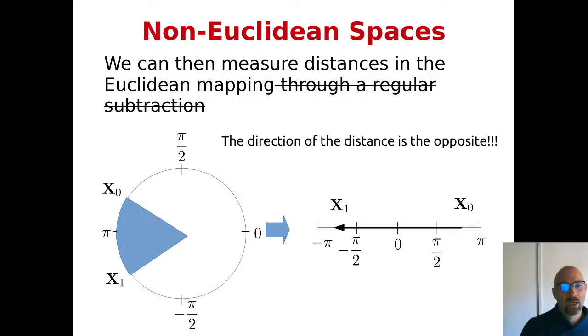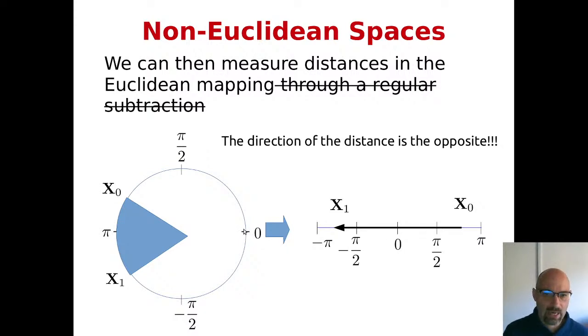And well, in case of a circle, one could say, okay, I calculate the difference of the points and I normalize. Okay, that works for the circles, so works for the 2D angles, but it's not very flexible and it's not very general. Alternatively, a generic machinery would be the following. I want to measure the distance between this point and this point. So, at the beginning, when I was constructing my Euclidean mapping of my circle, I decided that the origin of my mapping was the 0 point, was the 0 angle, right?